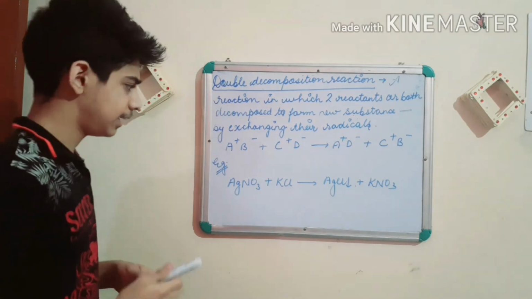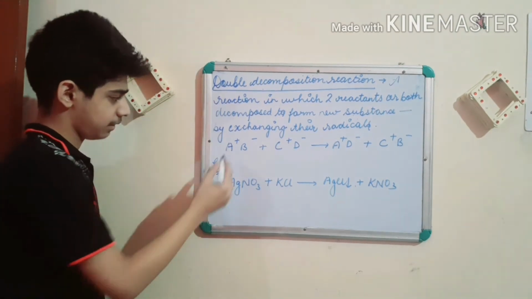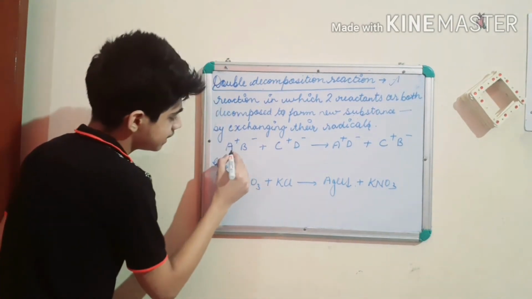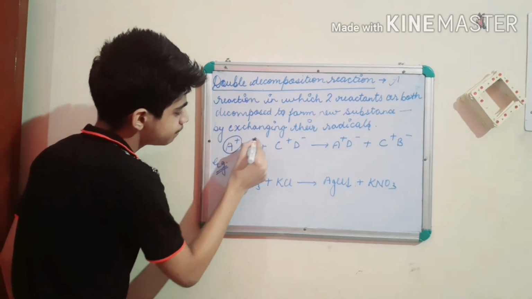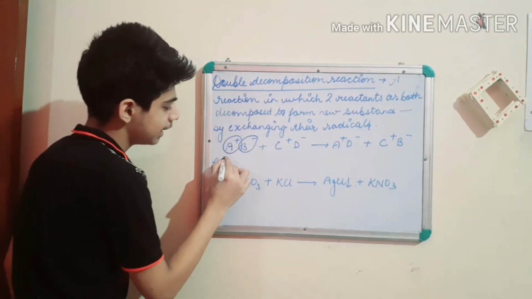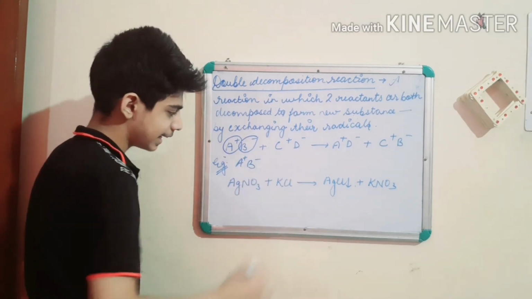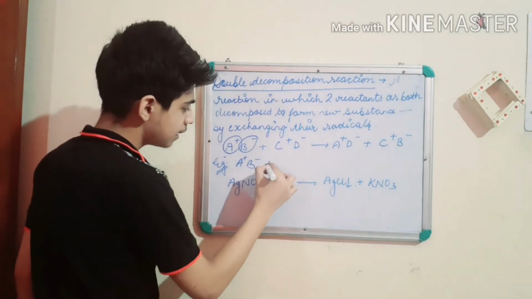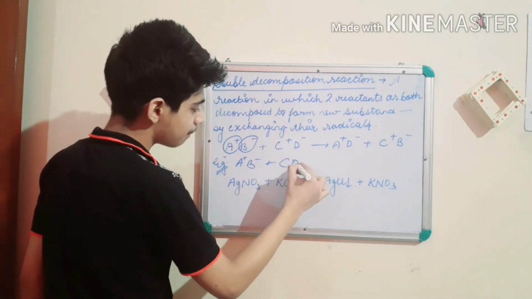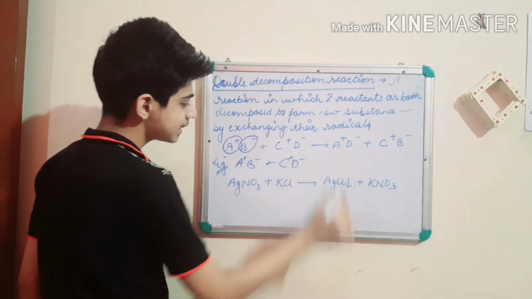See, this is a very tricky example. A plus B minus, AB is a compound, where A is positive, B is negative, plus CD, a compound, where C is positive, D is negative.